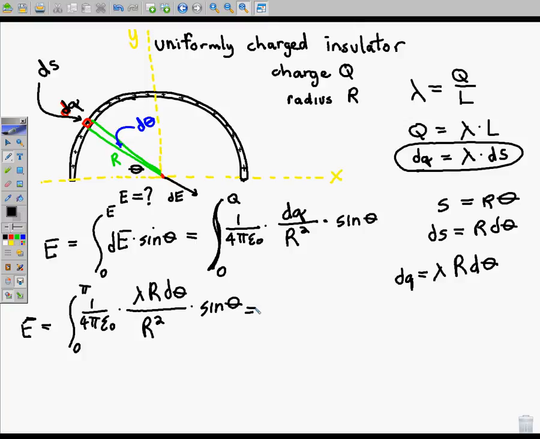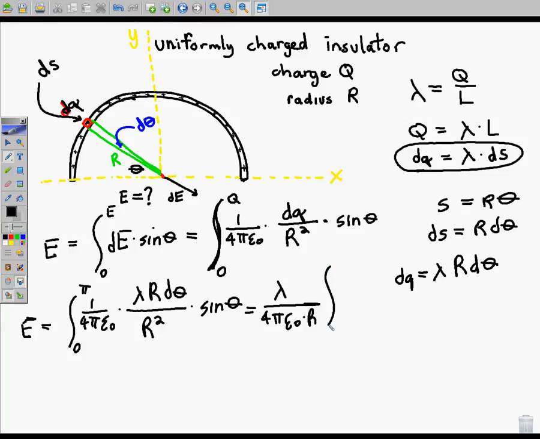What are we going to have left here? Lambda over 4 pi epsilon 0 r. Lambda is also a constant, so lambda over 4 pi epsilon 0 r, because the r squared cancels with one of the r's.